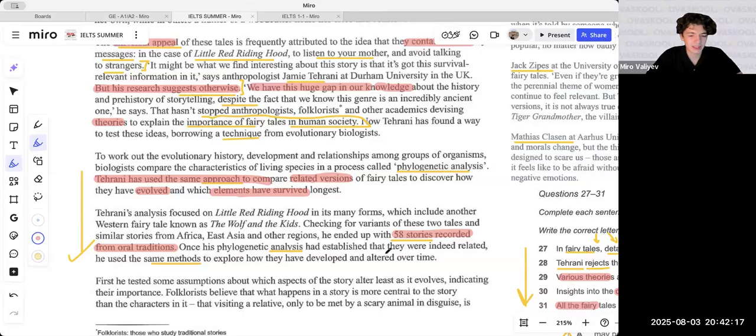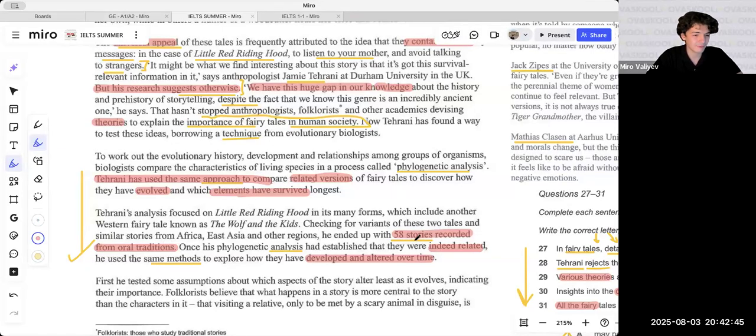Once his phylogenetic analysis had established that they were indeed related, he used the same method to explore how they have developed and altered over time. Basically, how they were developed and changed, yeah? So you see, he studied the Little Red Riding Hood in different forms, and he found many, many forms from all over the world.